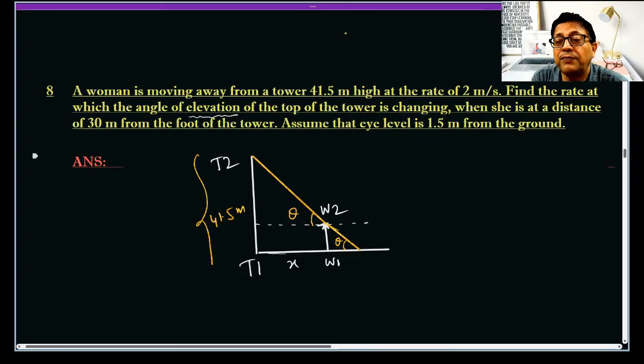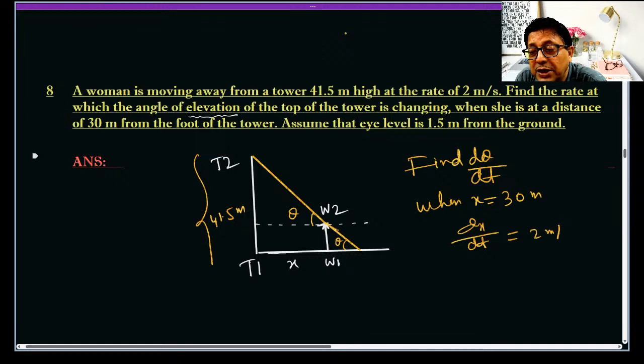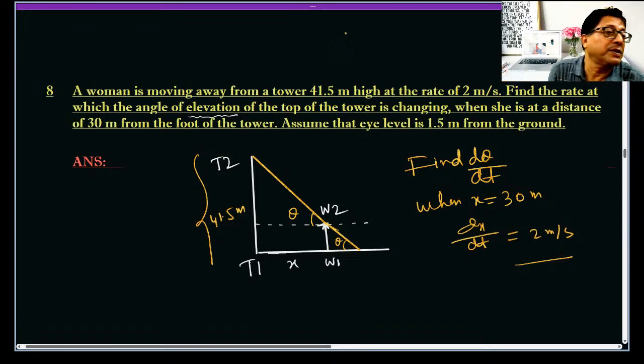You have to find d theta by dt when x equal to 30 meter and dx by dt equal to 2 meter per second. Eye level is 1.5 meter above the ground. So this part is 1.5. So this part is going to be 40. This one x.